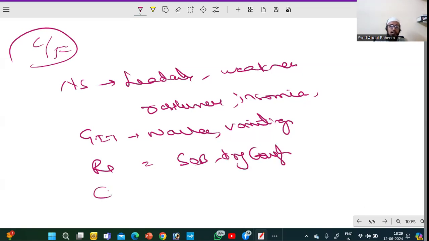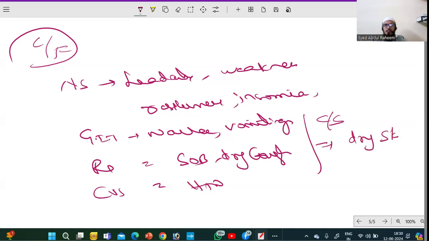And we have another, the cardiovascular system. The patient has hypertension. These are the features we can see. And cutaneous symptoms, like their skin is dry, very dry skin, and they have wax on the skin.